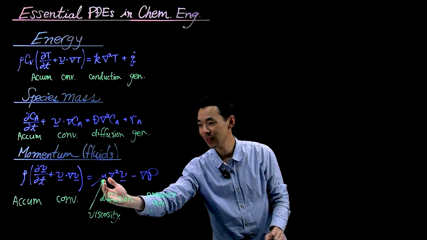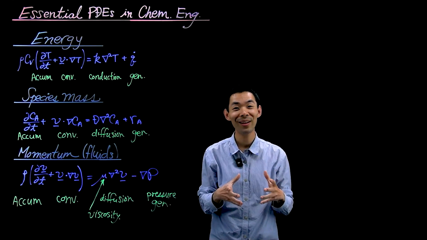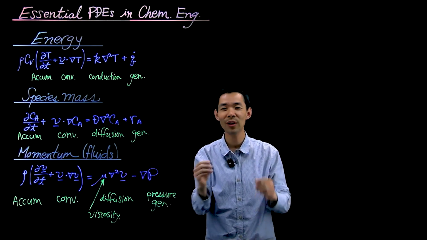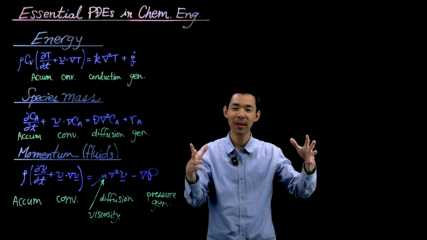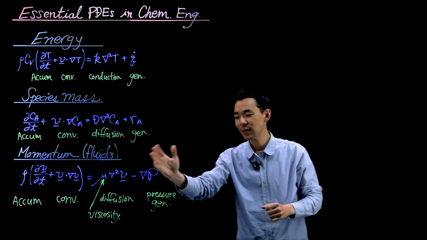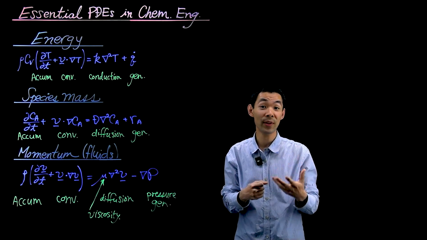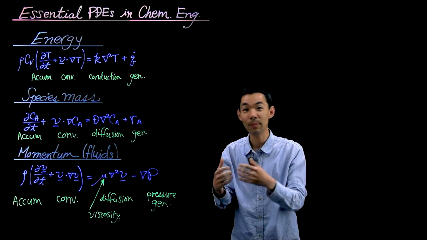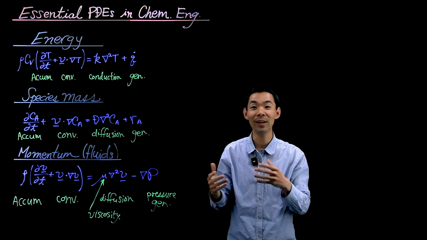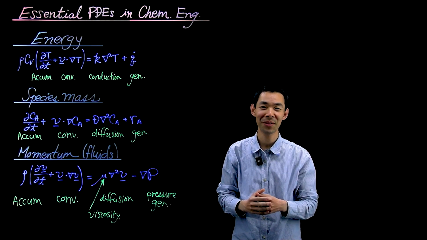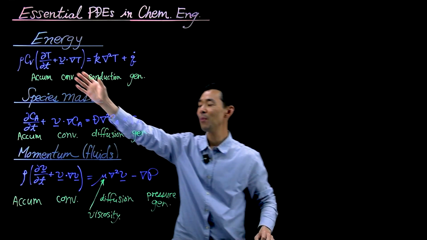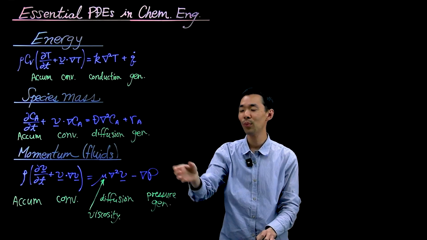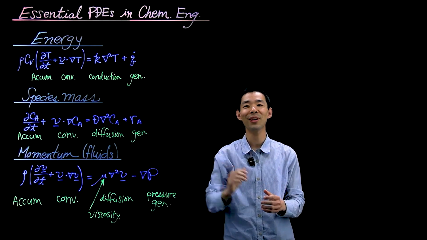You have a viscosity, which is a material property of, in this case, a Newtonian fluid, and diffusion of momentum. Lastly, we have some source of forcing, some pressure gradient that can generate momentum and motion of fluid inside your system. So same for classification of accumulation, convection, diffusion, pressure generation, or some kind of generation.